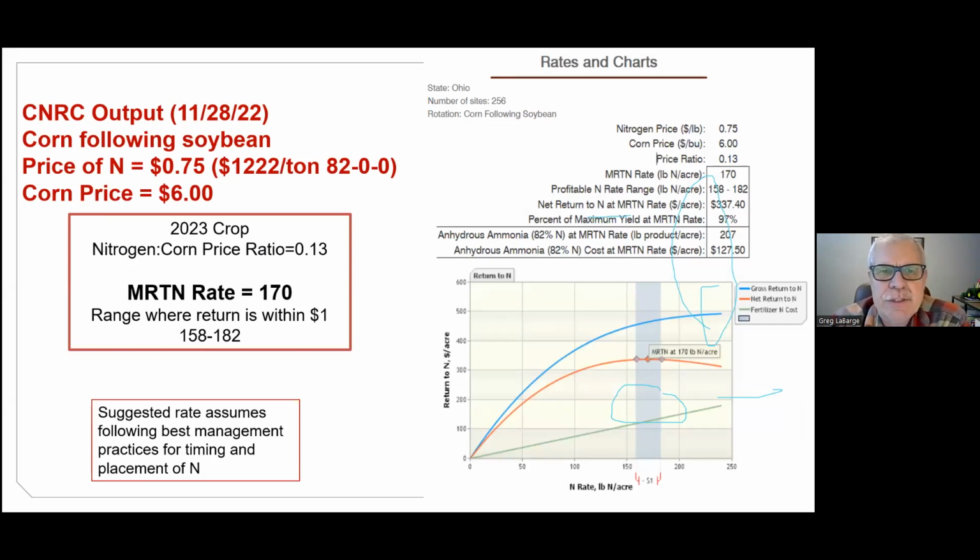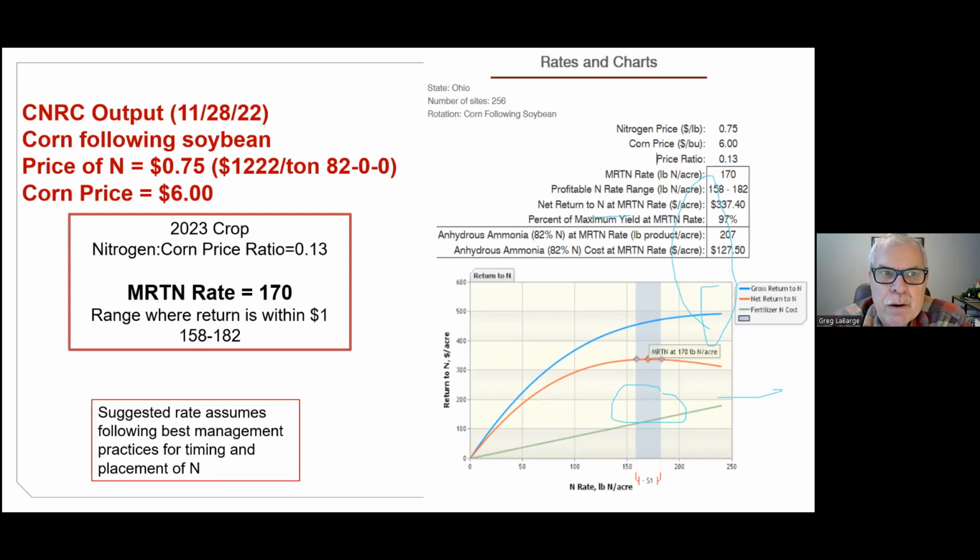Just so you have a perspective on where we're at in Ohio from a nitrogen recommendation standpoint, it looks very similar to what you have in relationship to Iowa. We're part of the group that works with the MRTN. Our information for nitrogen recommendations is housed at the corn nitrogen rate calculator there at Iowa State.